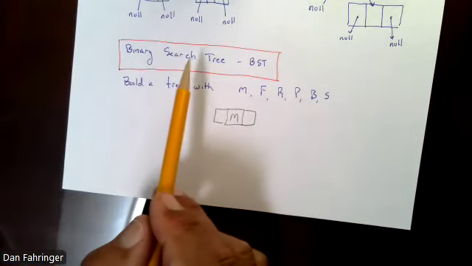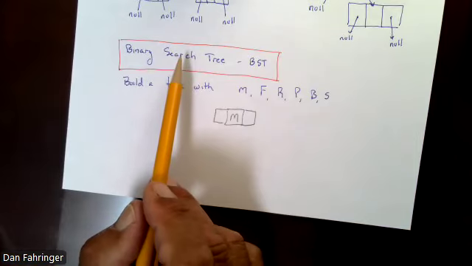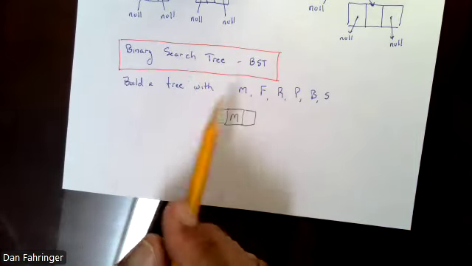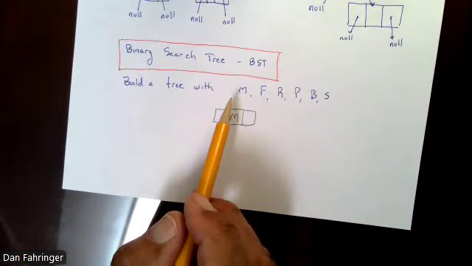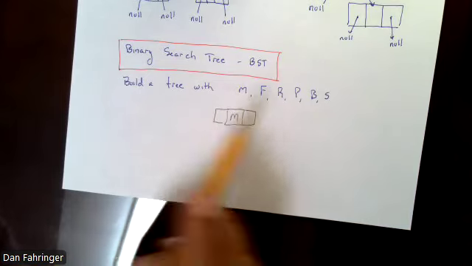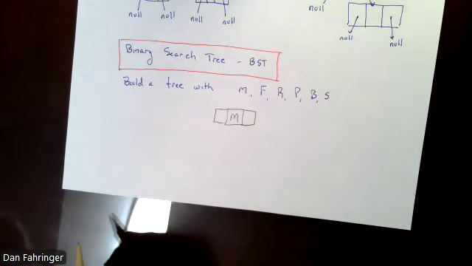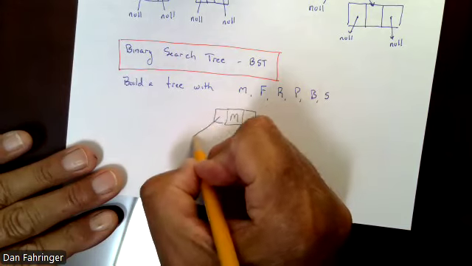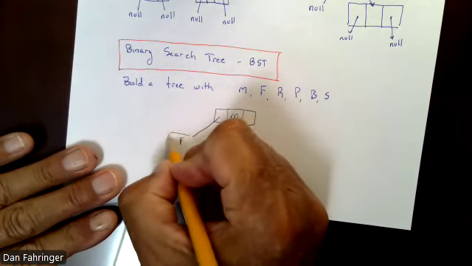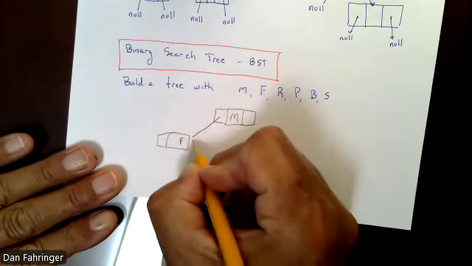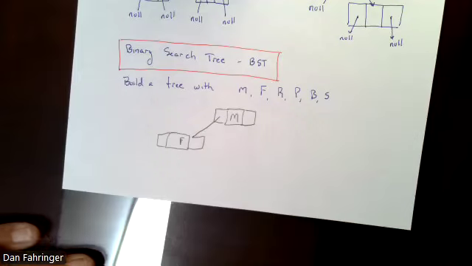Well, remember the idea behind all this is searching. So I'm going to come up with a pattern where I know how to search based on how I built the tree. So here's M. I'm going to make F go to the left. Why to the left? Because it's smaller.